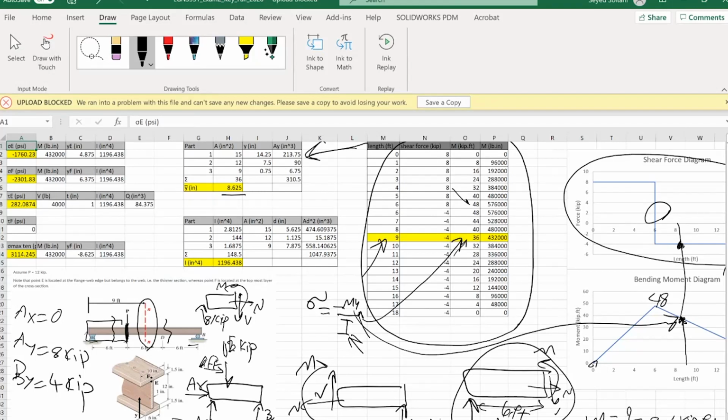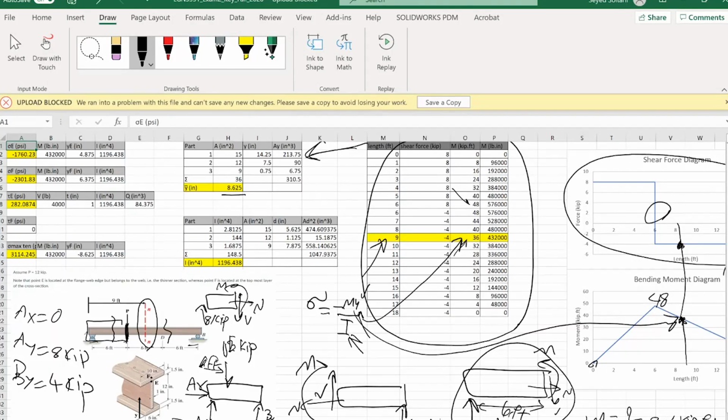We have two such points in this case: point F and point E, which are marked up in the figure. Now that we know where the neutral axis is positioned, Y can be determined easily.